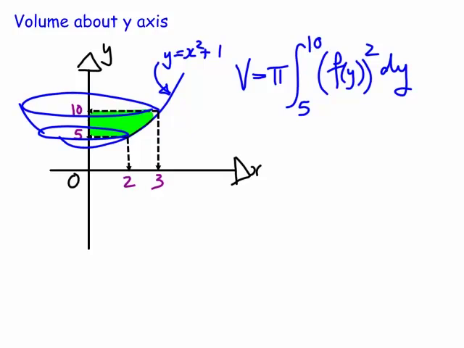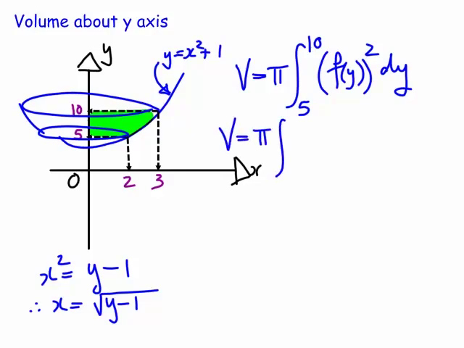Now f of y squared dy: we've got y equals f of x, so we want x as a function of y. We need to rearrange this: x squared is equal to y minus 1, therefore x equals plus or minus the square root. We're going to take the positive square root of y minus 1, as it's in the first quadrant and positive. So the volume is pi times the integral from 5 to 10 of the square root of y minus 1, all squared, dy.